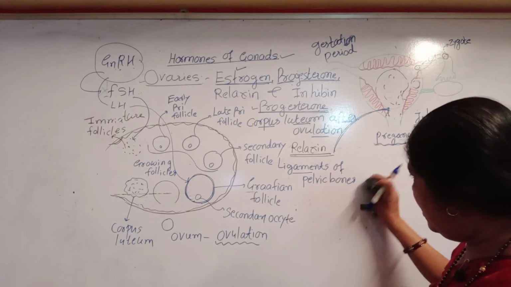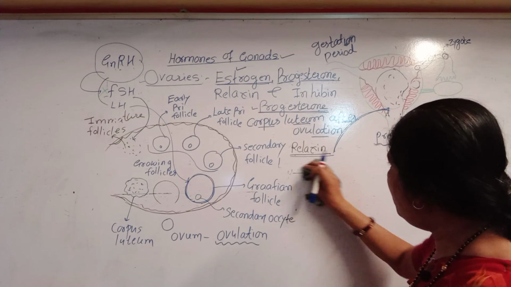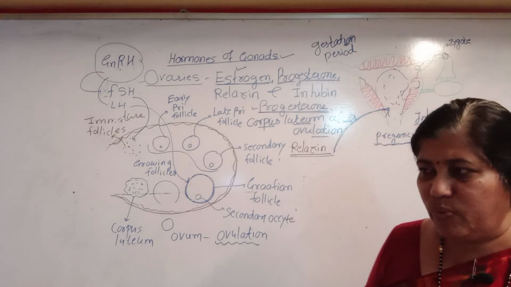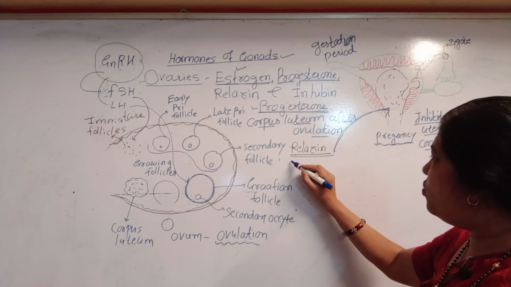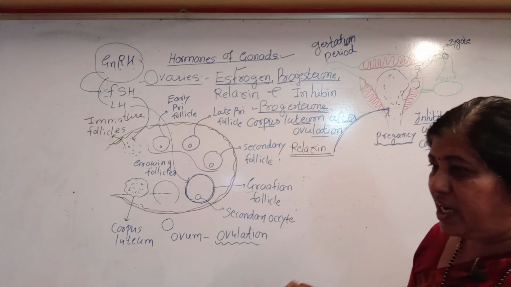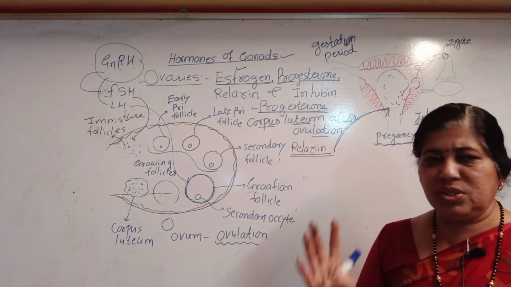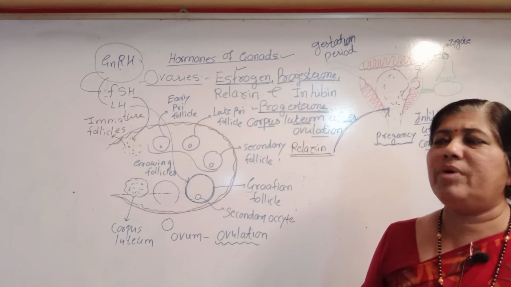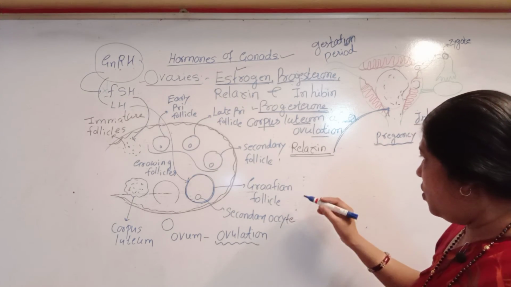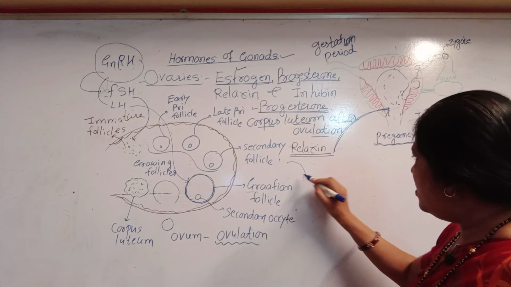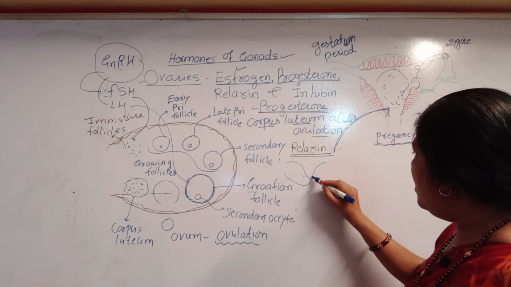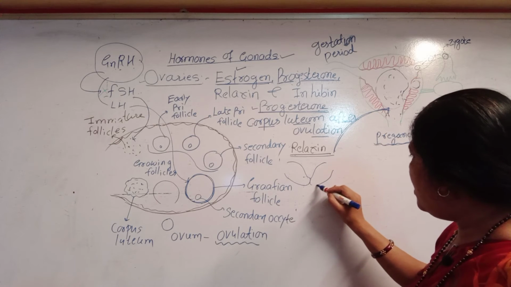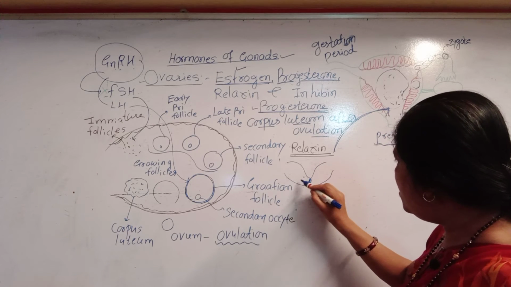In the pelvic girdle there is the pubic symphysis. In our pelvic region there are two hip bones, and each hip bone consists of three bones: ilium, ischium and pubis. This is the front portion of the pelvic girdle, and these are the two pubic bones.